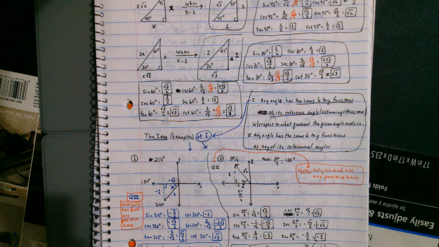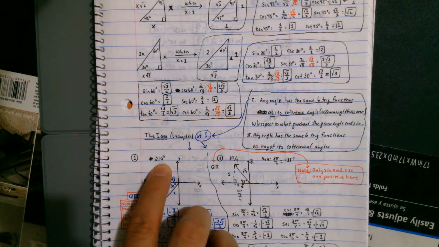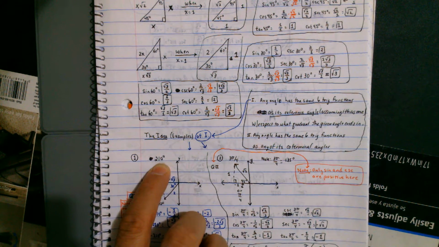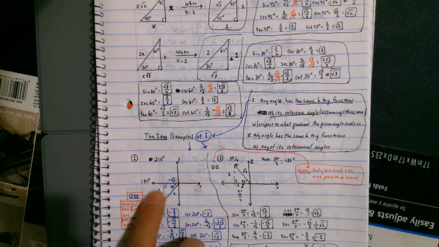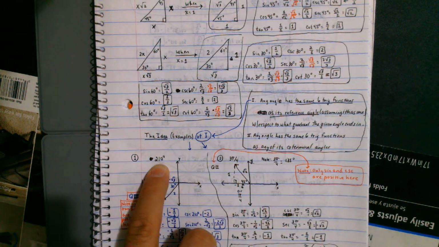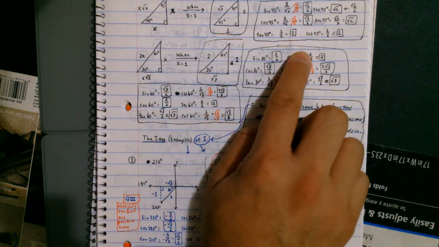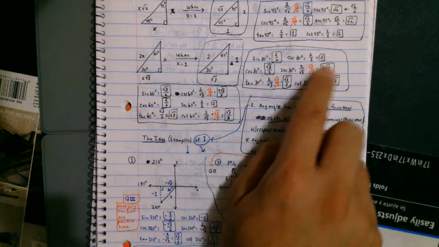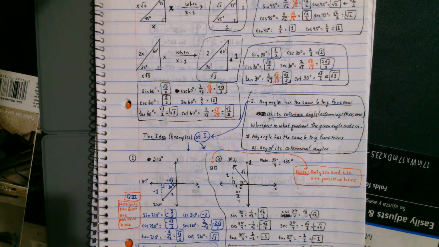So now we look at this and we say, look, this is 30 degrees. So the sine of 210, the cosine of 210, the tangent of 210, all six trig values of 210 should be the same as the six trig values of 30, because you're in the same triangle.